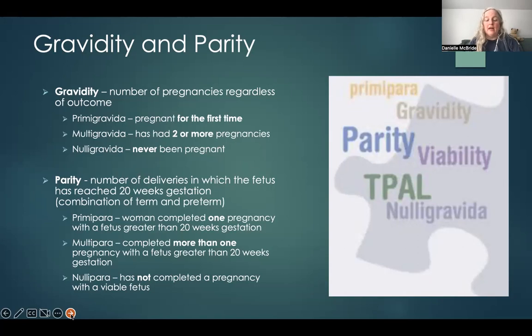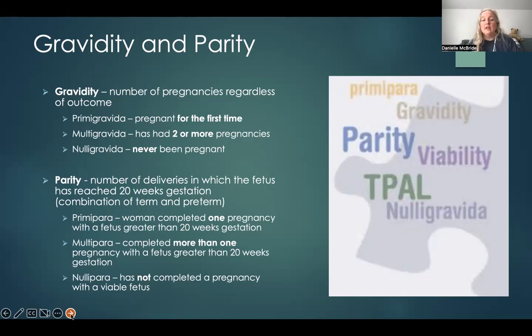Parity is the number of deliveries. And this is the number of deliveries when the fetus has reached 20 weeks gestation. So why is 20 weeks our magic number, do you think? We use 20 weeks because that is what we are going to consider the age of viability.